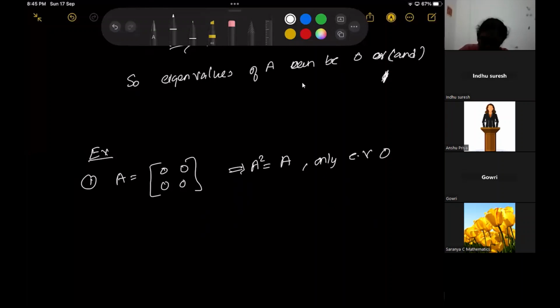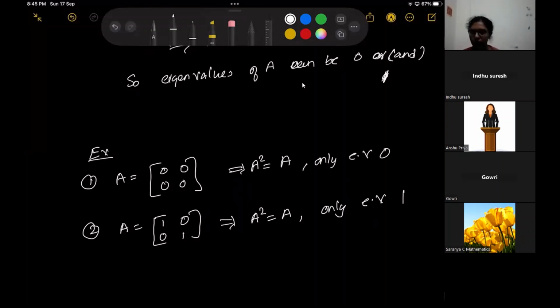Again, I am taking A equal to 1, 0, 0, 1. Here also A square is identity, A is identity. Here only one eigenvalue is possible, that is 1. And in the other case, I am taking 1, 0, 0, 0. What is A square? A square is again A, right?